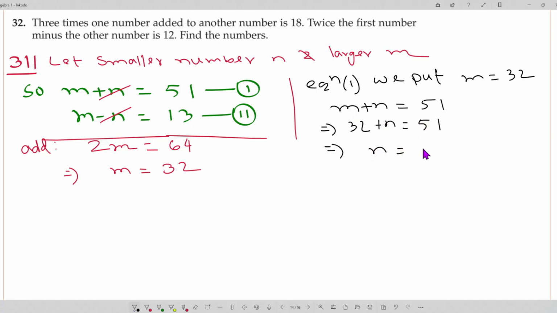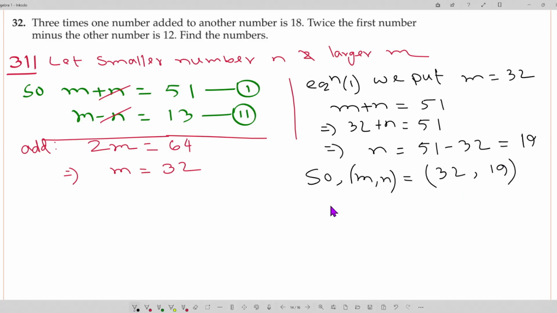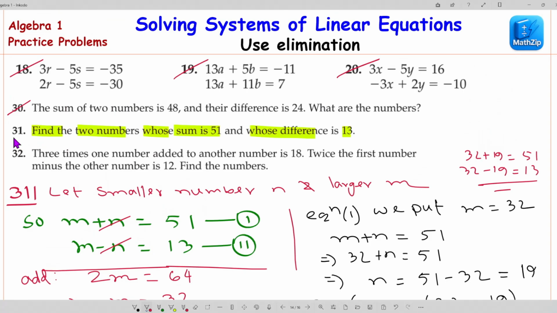Now n equals 51 minus 32, which is 19. So m and n equal 32 and 19. You may check this: 32 plus 19 is 51 and 32 minus 19 is 13. Okay, so number 31 done.